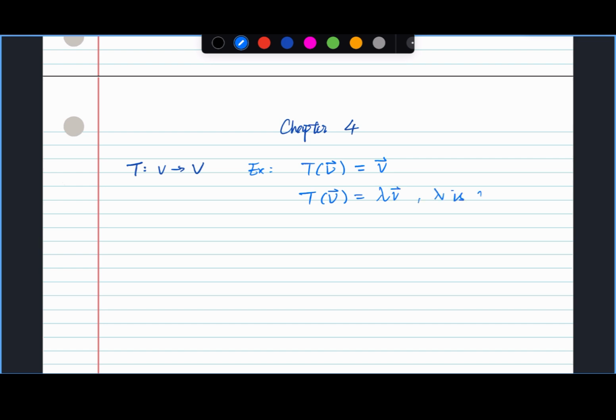Lambda is a scalar. If you remember from our first class, a scalar could be a number in R or C. Okay, so these are the easiest transformations.